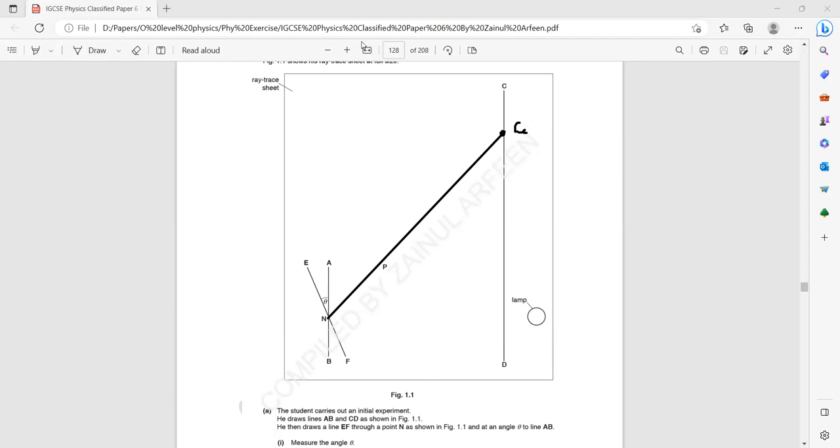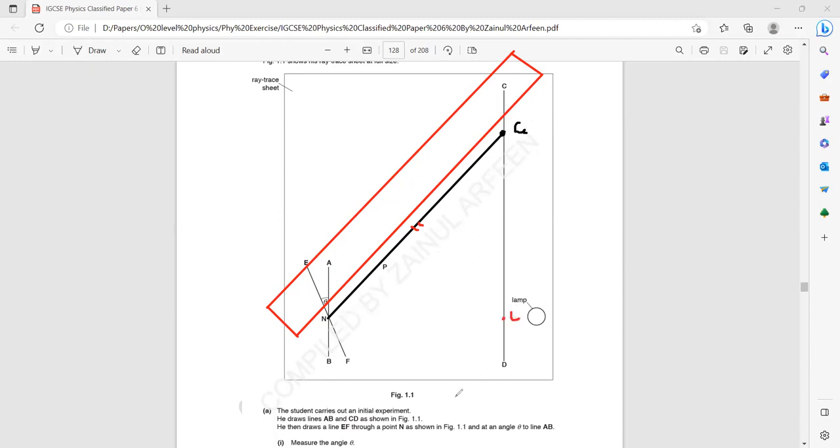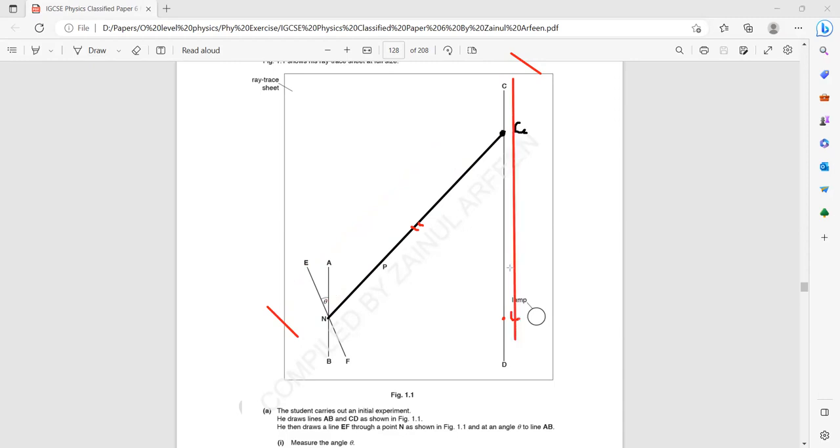Place your ruler next to this line and measure its length. This one is NG, and you want to measure LNG, so you place it here. This is LNG.